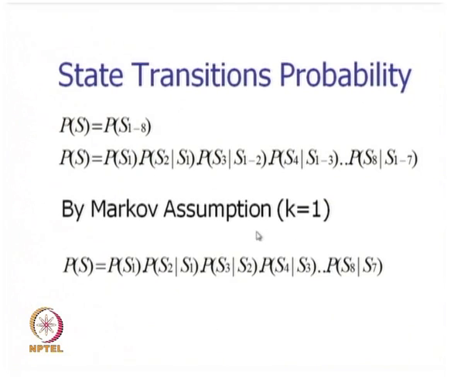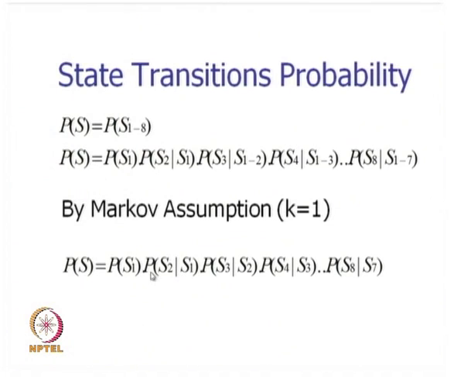Now, by Markov assumption of order 1, k is equal to 1, we can drop all those states which are not immediately preceding. So, then P(S) becomes equal to P(S1) into P(S2 given S1), P(S3 given S2), P(S4 given S3) and so on until P(S8 given S7). So, this is an easy expression which can be computed by some means, which you have to see.